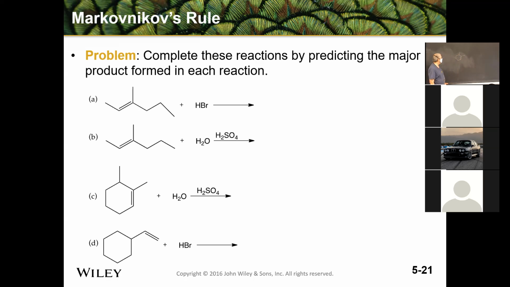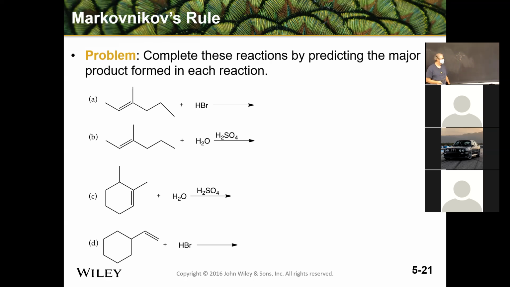So here we have 2,3-dimethyl cyclohexene, and we're adding water in the presence of catalyst, H and OH. So this is carbon number 1, 2, 3.